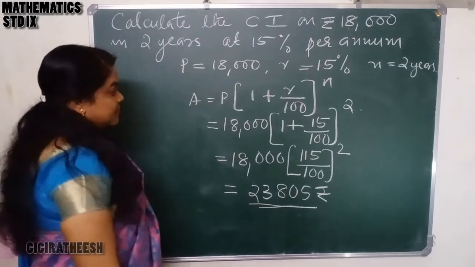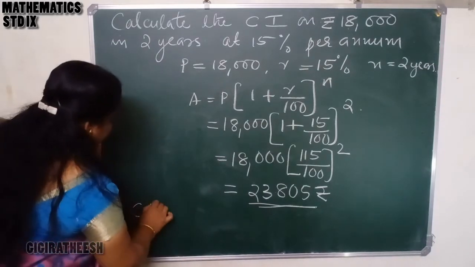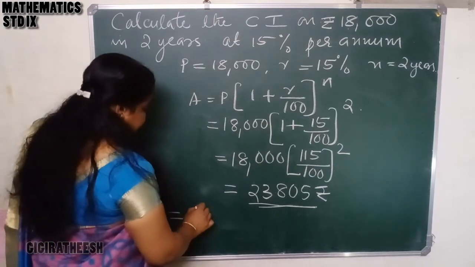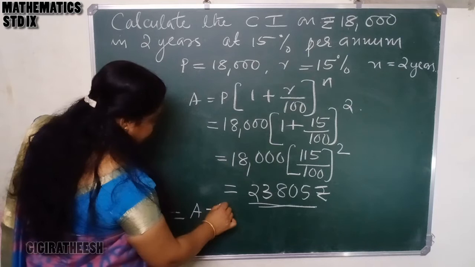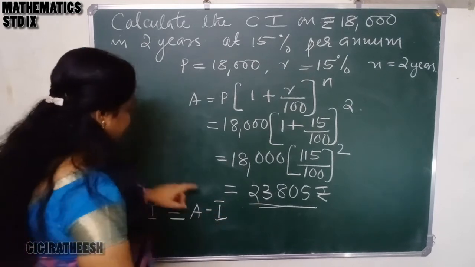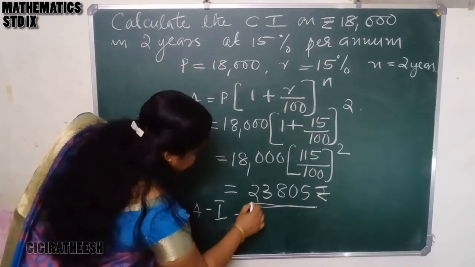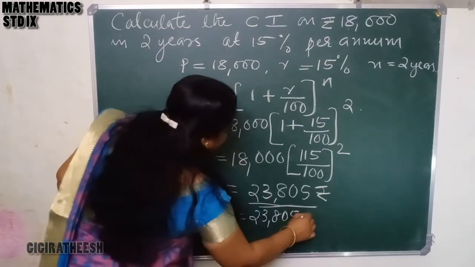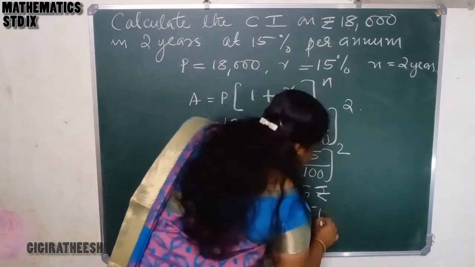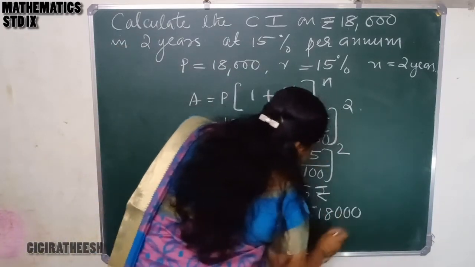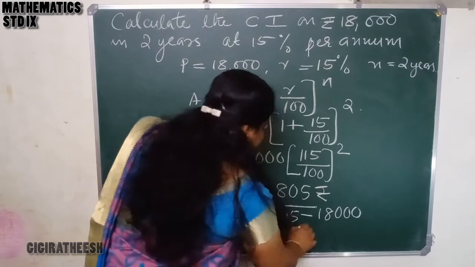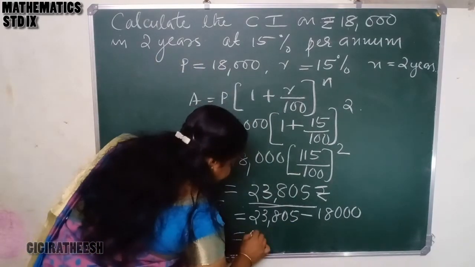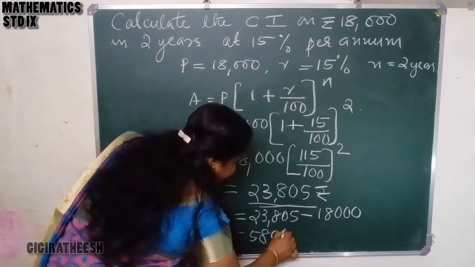Next we find the compound interest. Compound interest is equal to A minus P, that is 23,805 minus 18,000, which gives 5,805 rupees.